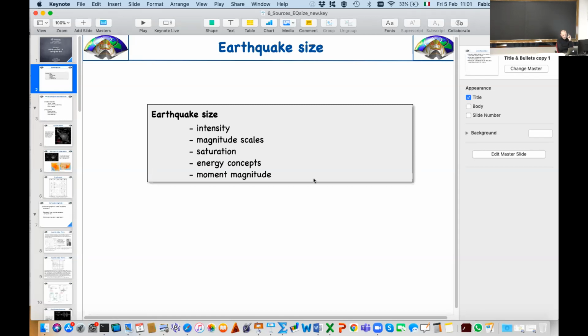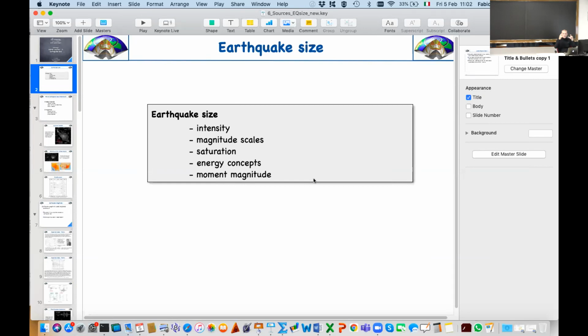Now, remember that when we studied the representation theorem, we discovered the terms near source, far source. Near source means that the source cannot be considered as a point, okay? So it's extended. When we treated the Green's function, we discovered near field, far field.